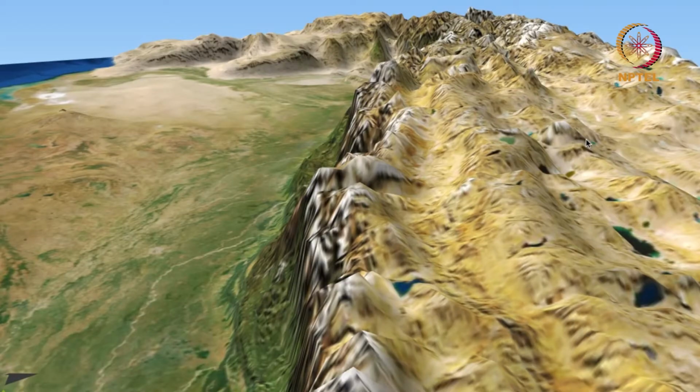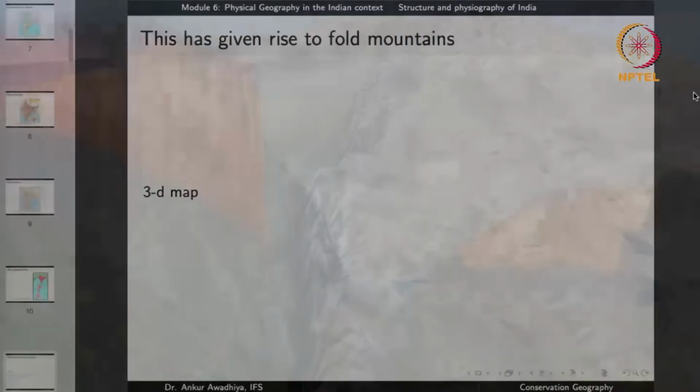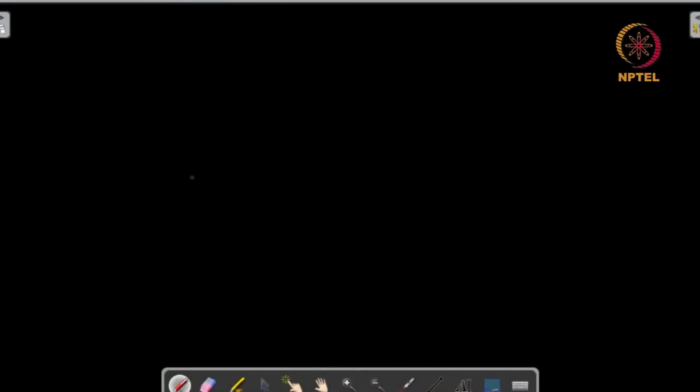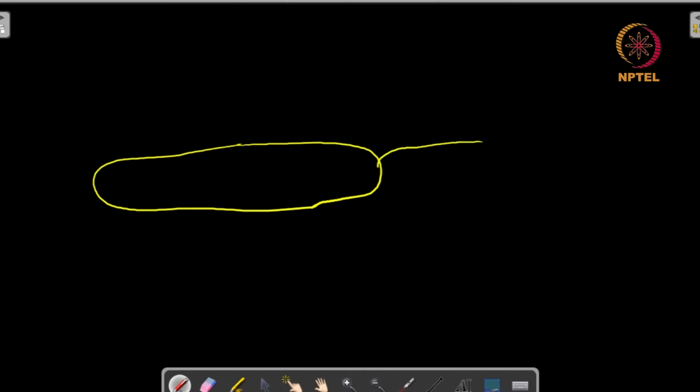Essentially what is happening is that when the plates are colliding, it is leading to a crumpling of the sheet. So we have one plate like this, and it is colliding with another plate.